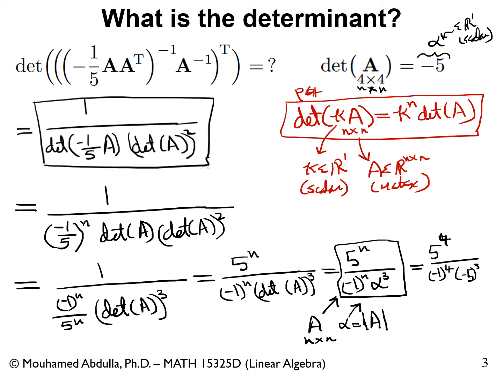And this simplifies as such. This is essentially equal to 5 to the power 4 over minus 1 to the power 4, which is a plus 1. And then minus 1 cubed is just minus, and then 5 cubed, like this. And this is essentially equal to minus 5. So this is equal to minus 5.